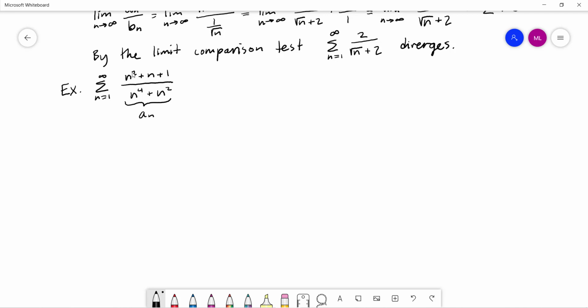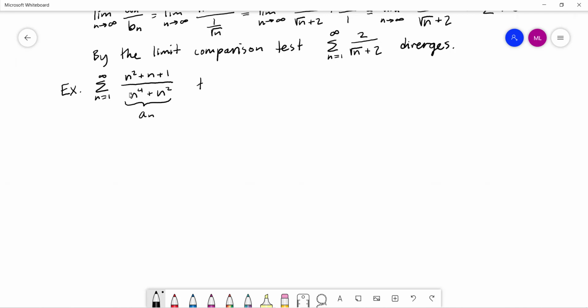You can cancel the n squared up here with 2 of the n's down here, and this behaves overall like 1 over n squared for large values of n. And I know that 1 over n squared converges by the p-series test. So I know ahead of time this is going to converge, but now I just need to formally show that.